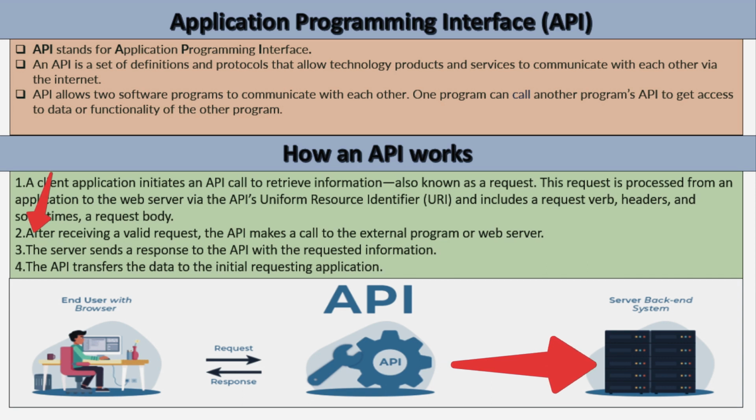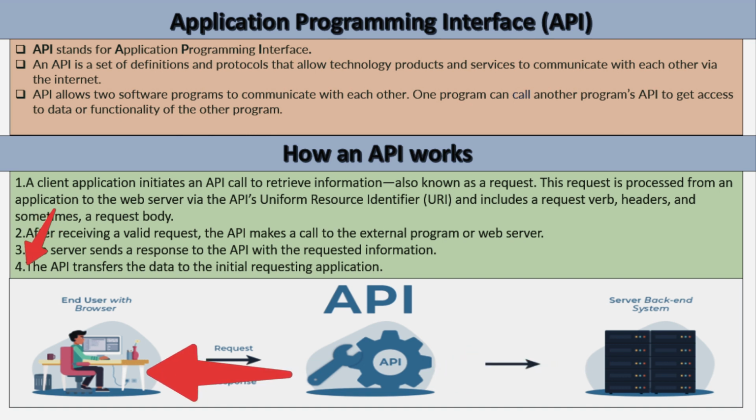After receiving a valid request, the API makes a call to the external program or web server. In the next step, the server sends a response to the API with the requested information, and in the last step, the API transfers the data to the initial requesting application.